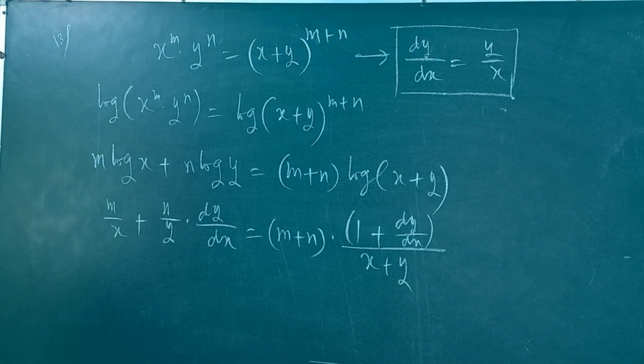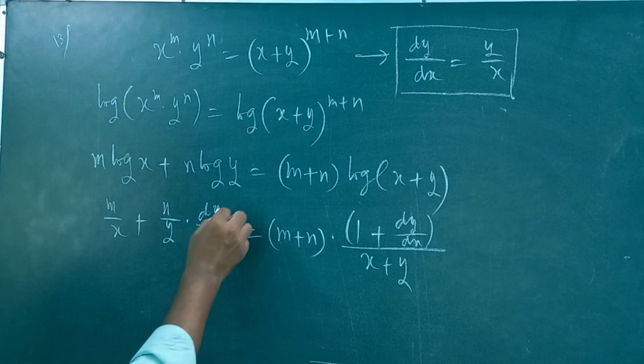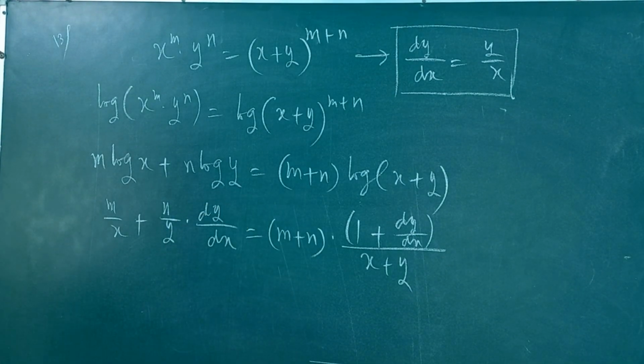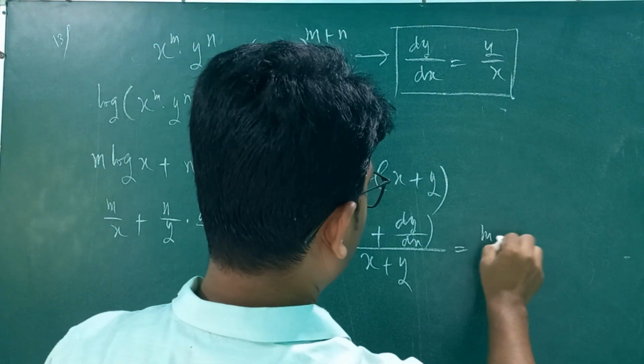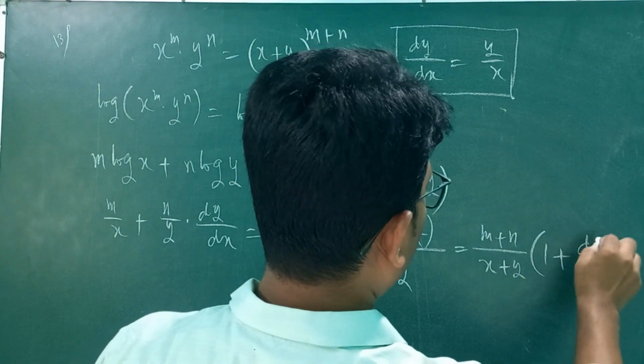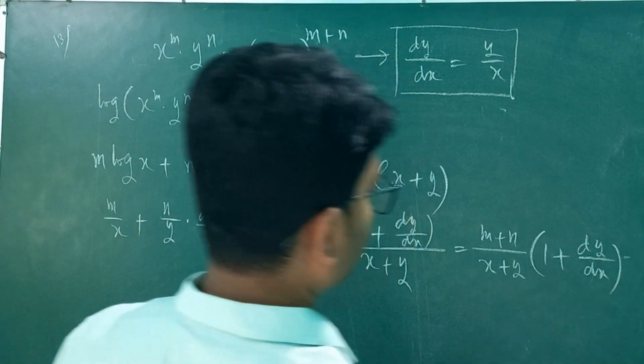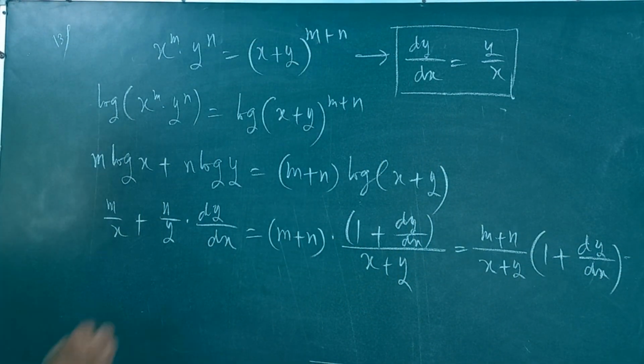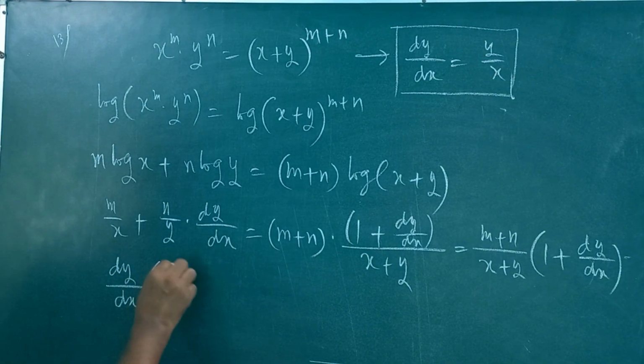Now we take all the dy by dx terms to the left hand side. I write it this way: (m plus n) by (x plus y) into (1 plus dy by dx). Now I take dy by dx to the left hand side.